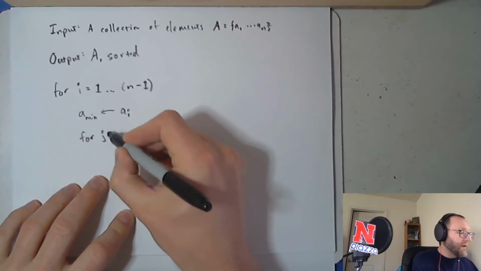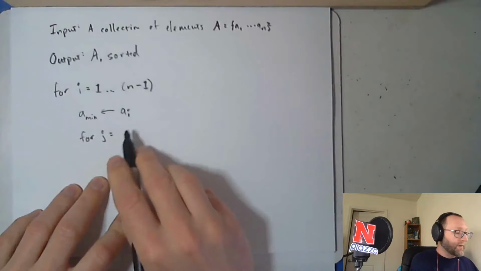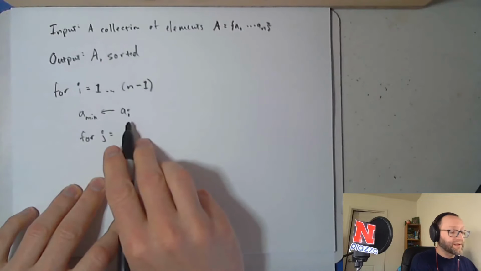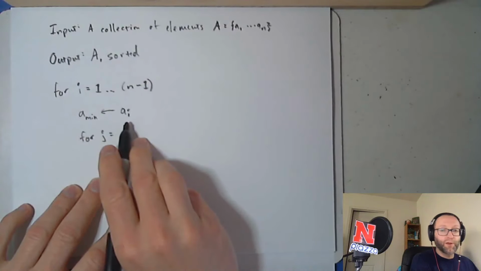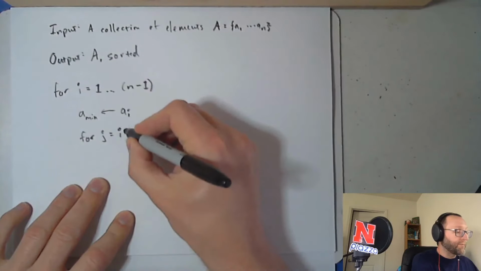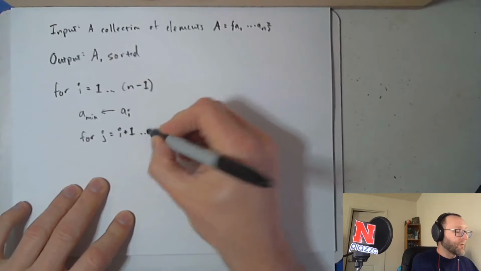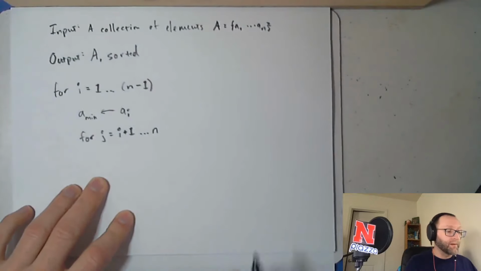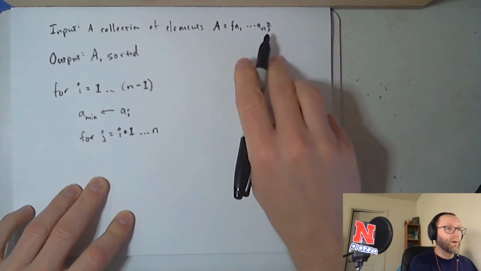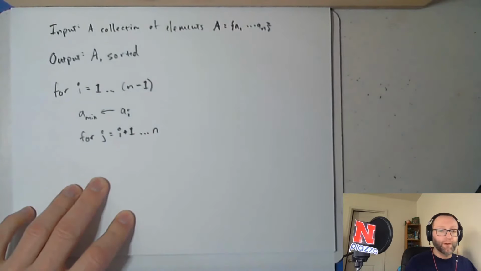For j, running from, now if we start at I, we don't need to start at I here because we've already assumed that I is our smallest element. So I'm going to start it at I plus 1, and I'm going to run it all the way up to the last element, n minus 1, or n, excuse me. Remember, the elements are indexed 1 up to n. All right.